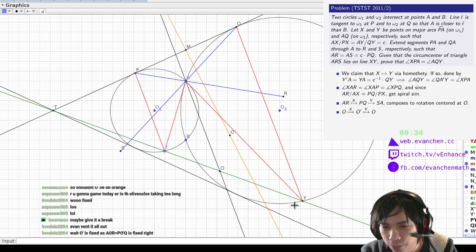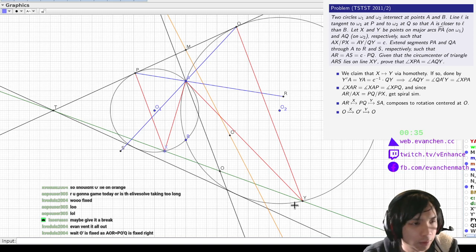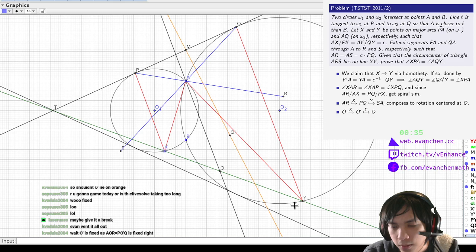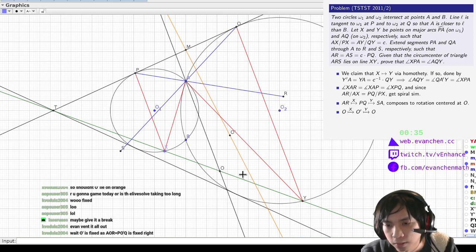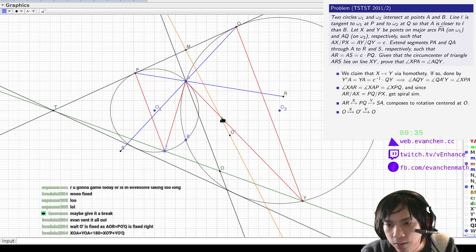So XOO prime through the spiral sim is similar to what? AOR is fixed. O prime PQ maps to OSA.